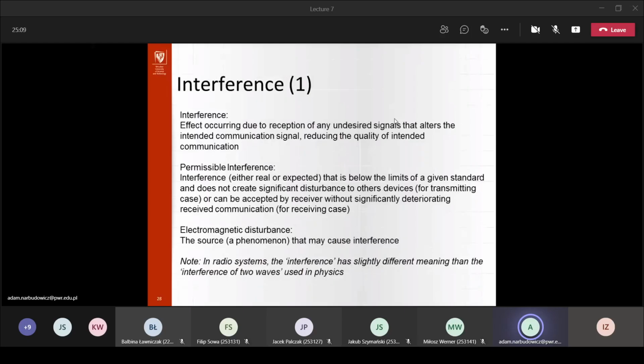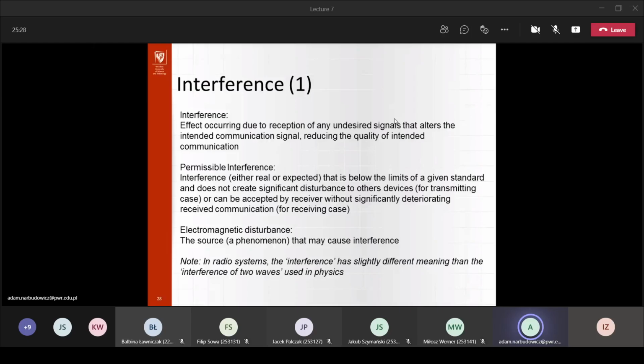Interference. Now, interference is kept separate from the noise because it is something which is artificially generated by humans.